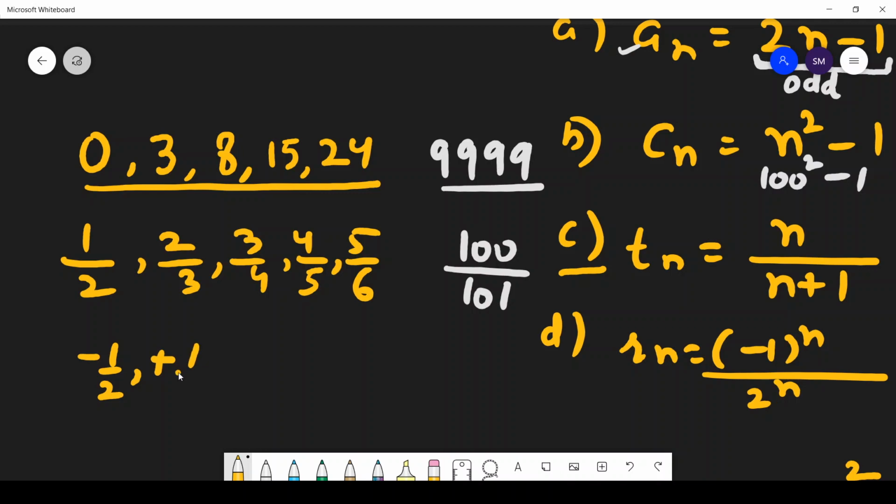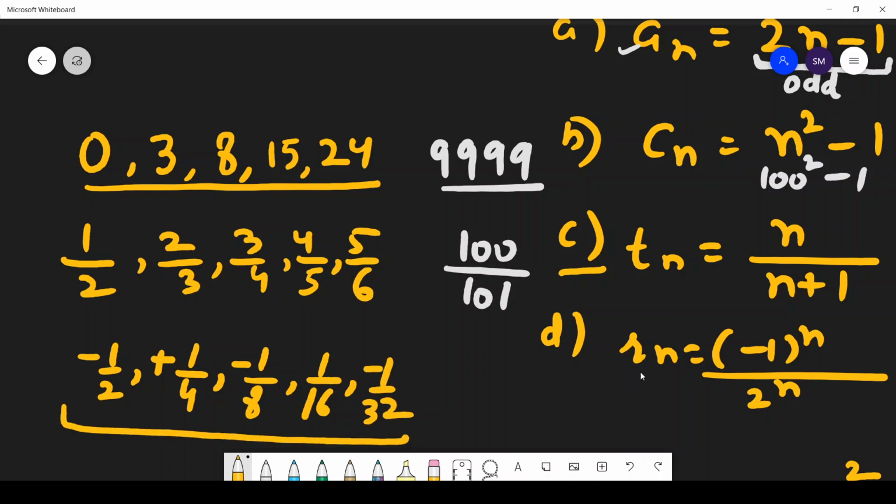Next term, minus 1 by 8. Next term, 1 by 16. Minus 1 by 32. So these are the first 5 terms of the sequence Rn.